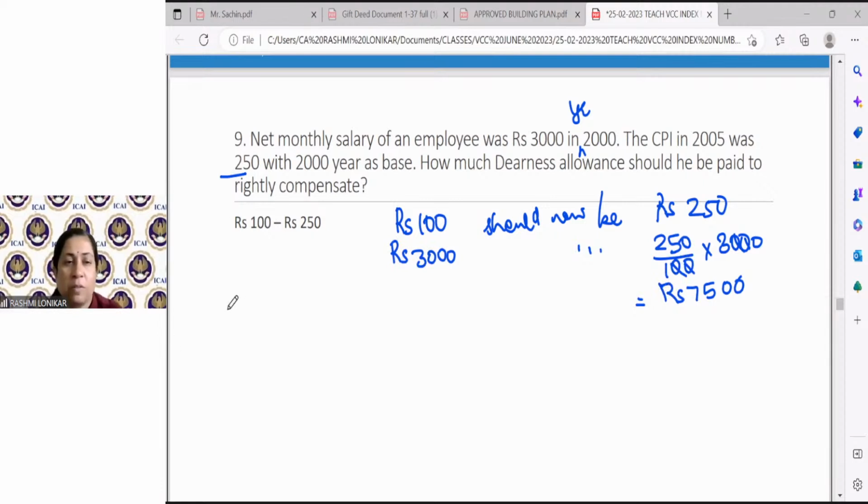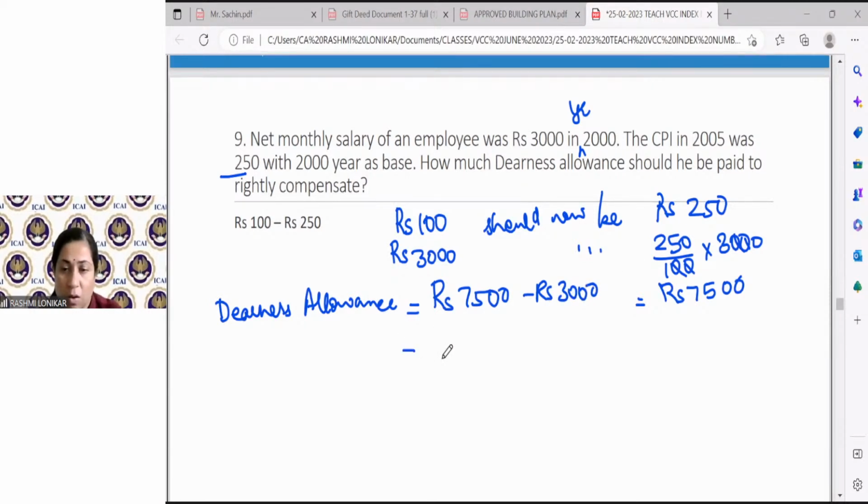Okay, so dearness allowance should be equal to rupees 7500 minus rupees 3000. So this is how much? Rupees 4500. So how much dearness allowance should be paid? Rupees 4500.